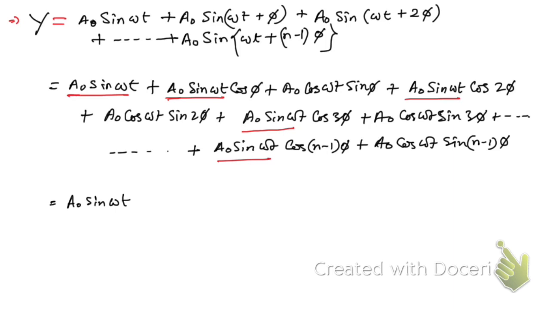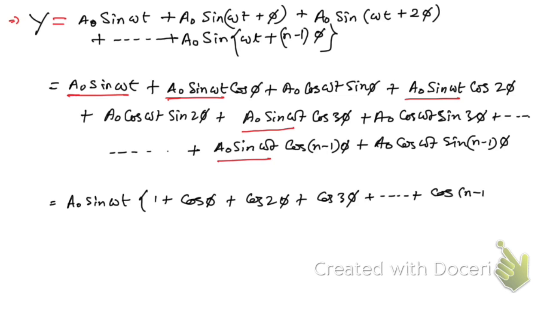Then we are going to have 1, then cos phi, then cos 2 phi, plus cos 3 phi, and so on, up to cos n minus 1 phi. That's what we are going to have.